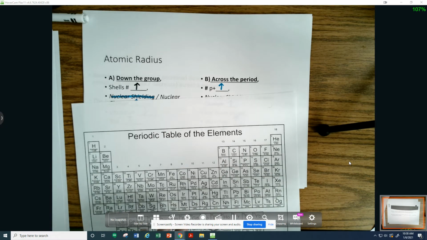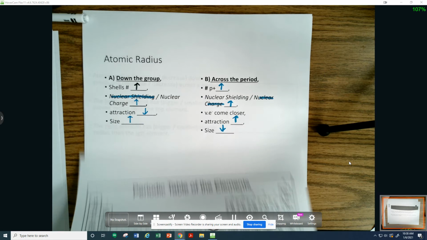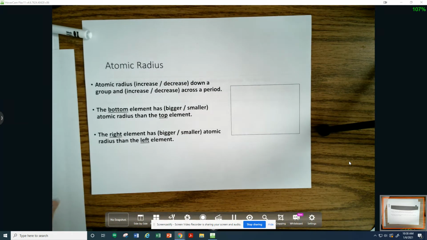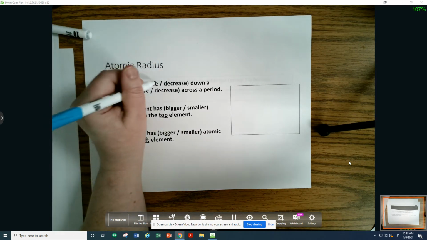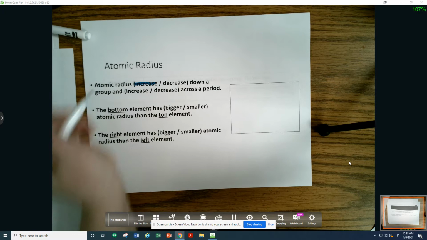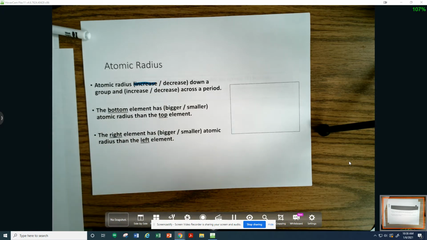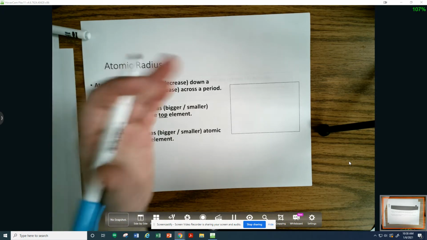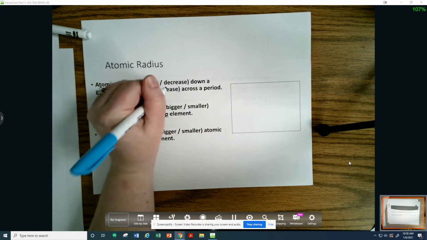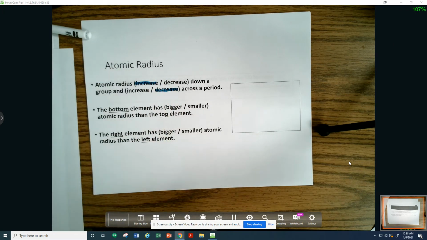Therefore, that's going to make the overall atomic size decrease. So atomic radius, is it going to increase or decrease down a group? It's going to increase, so the size gets larger as you move down. And then as you go across a period, it's going to decrease. So the atom gets smaller as you go from left to right.